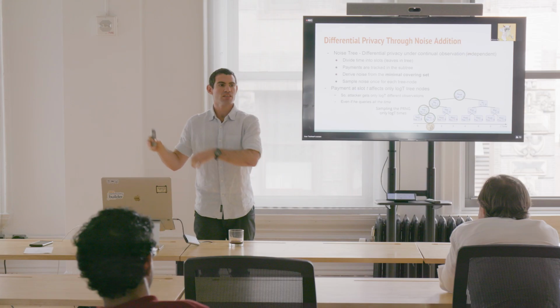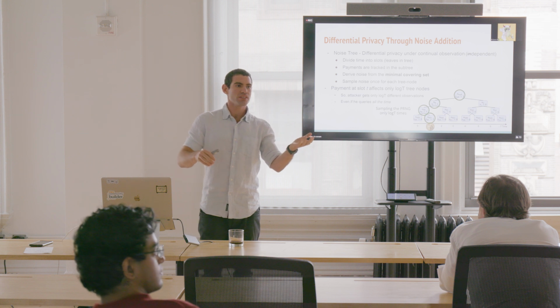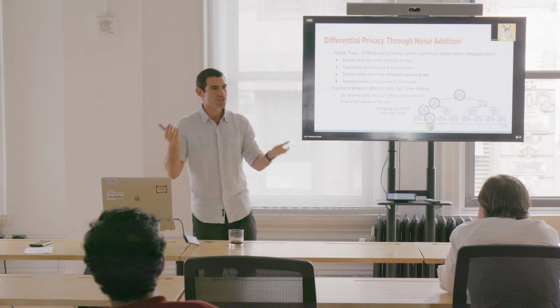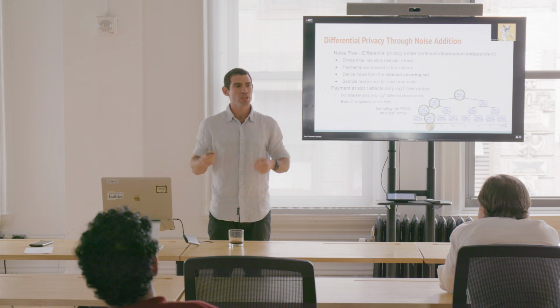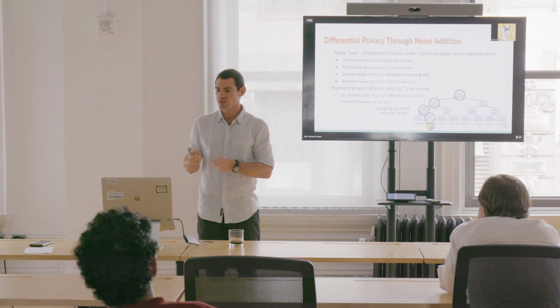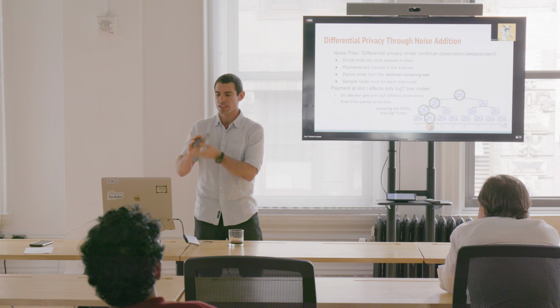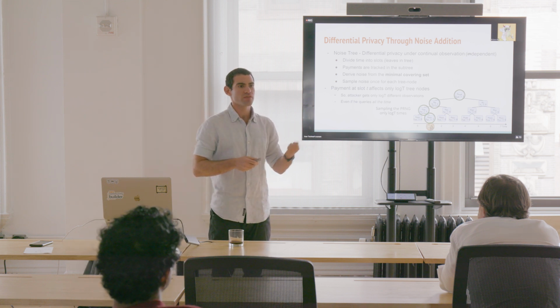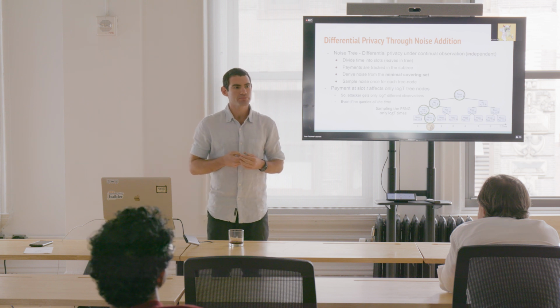So you need to balance between the number of summations of noises that you do on the one end, and on the other end give enough privacy. This is what the tree tries to balance: how can you add a fixed or limited number of noises while still preserving some kind of privacy.